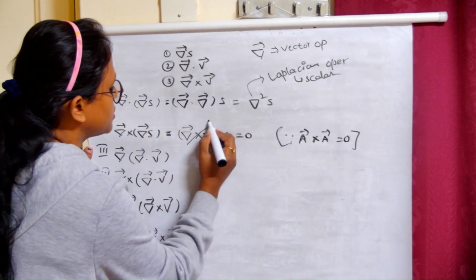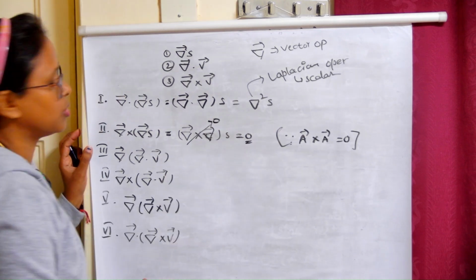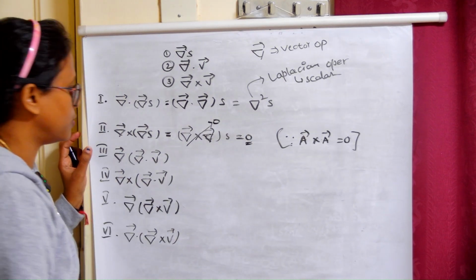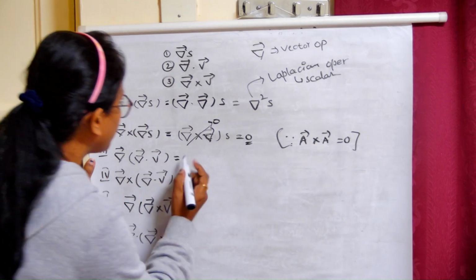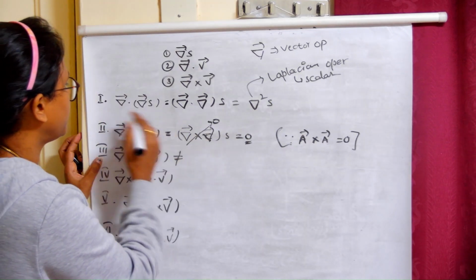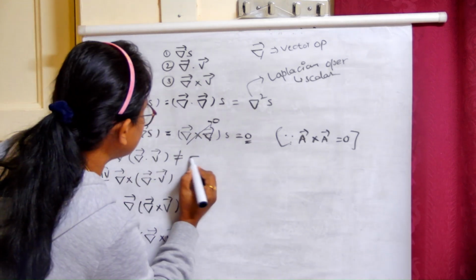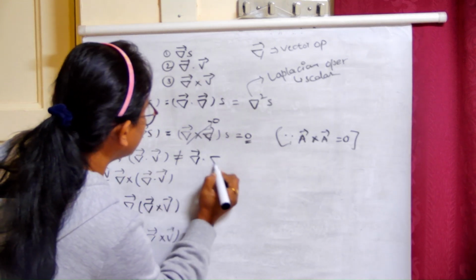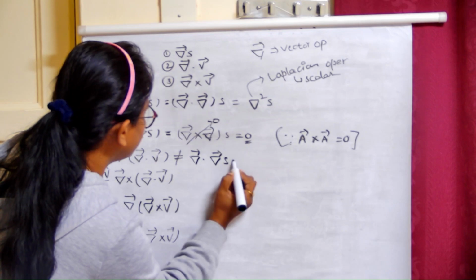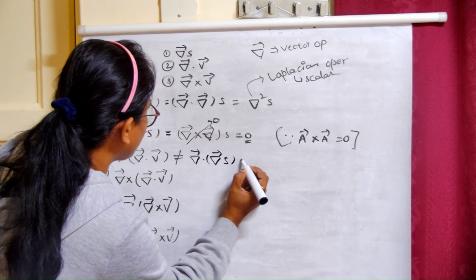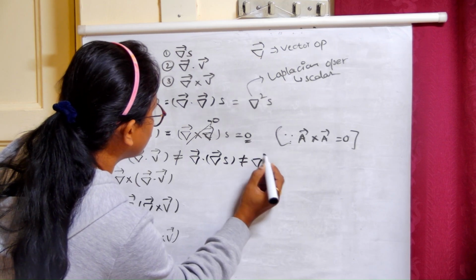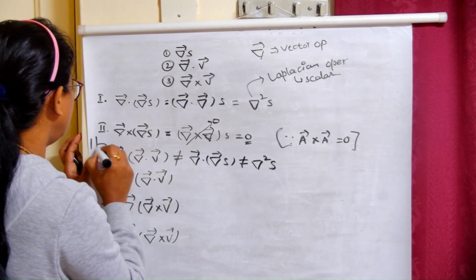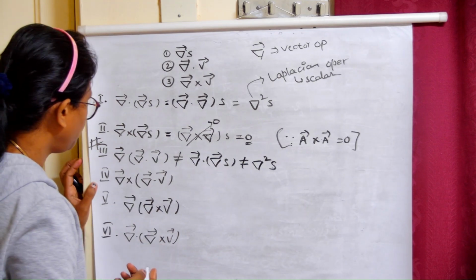So this term becomes 0. So curl of gradient of a scalar is 0. And gradient of divergence of a vector is not equal to the divergence of gradient of scalar. This is a very important point we have to remember.